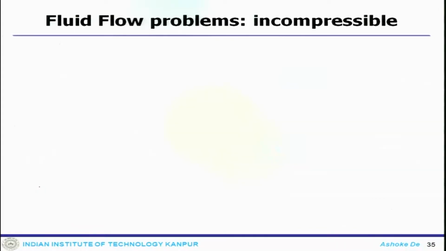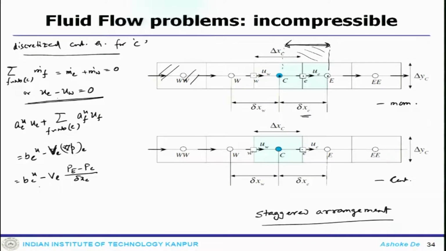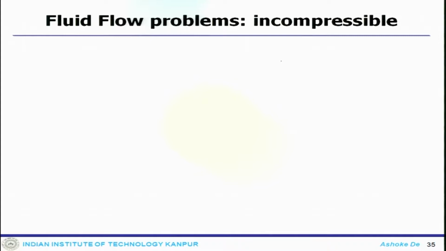Now, how do you get your pressure correction equation? For this staggered arrangement, the pressure is integrated over this kind of control volume, and for velocity the control volume is modified.